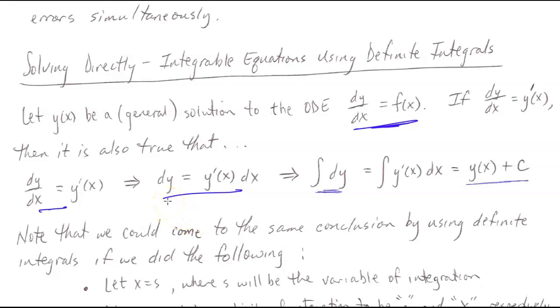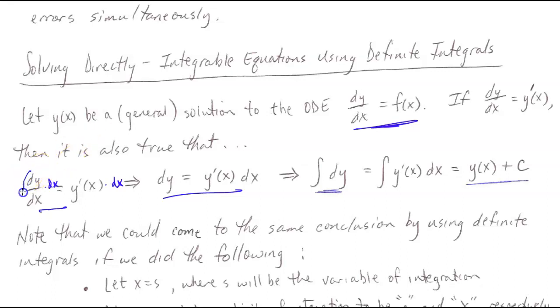Now, essentially, all you're really doing here, and I know depending upon if you're taking a differential equations course or not, some people are very particular about this, but essentially all you're really doing is multiplying dx to both sides. Now, in all actuality, that's really not what you're doing.